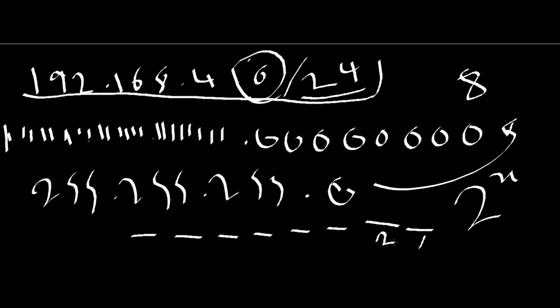Next is 2, then 4, then 8, then 16, 32, 64, and then 128. So with this model, we can now translate any number we see in any of these octets to binary. Right?